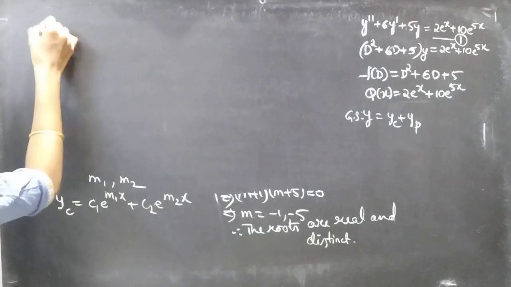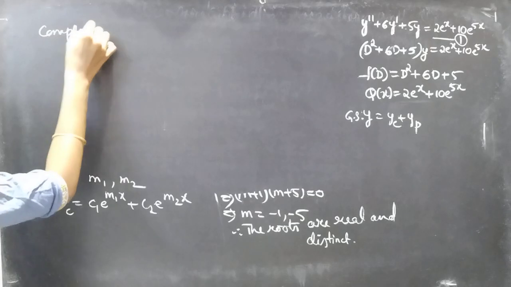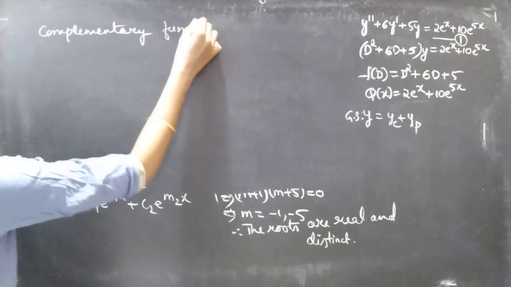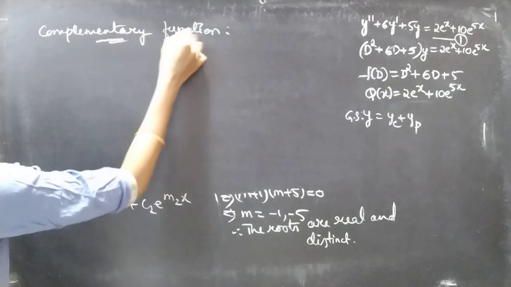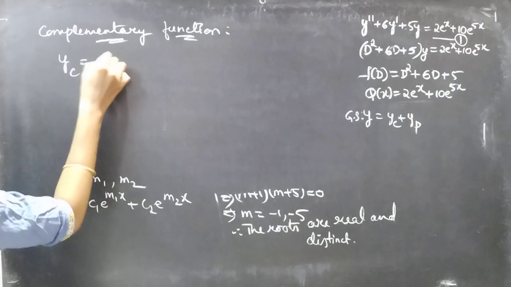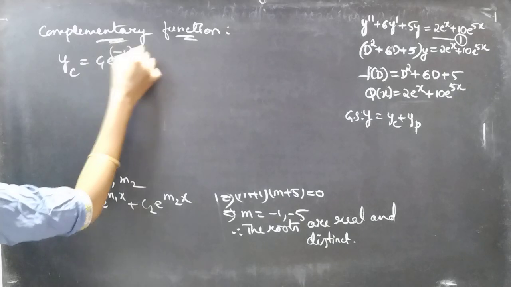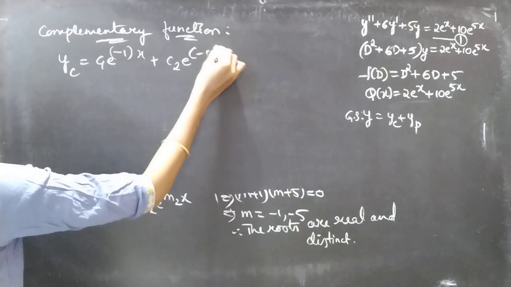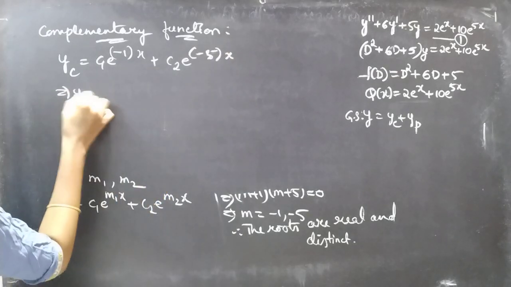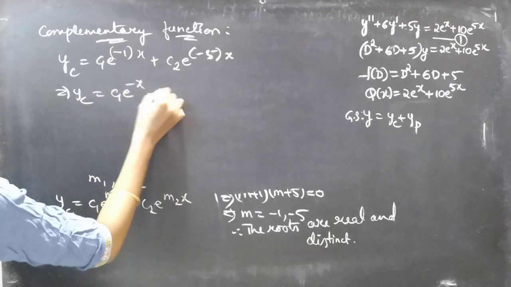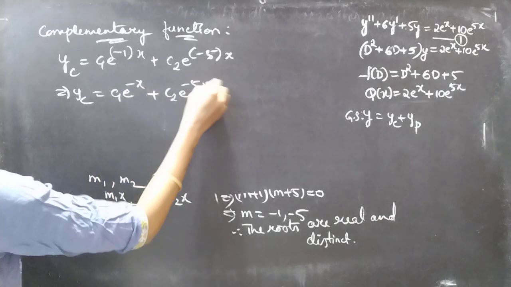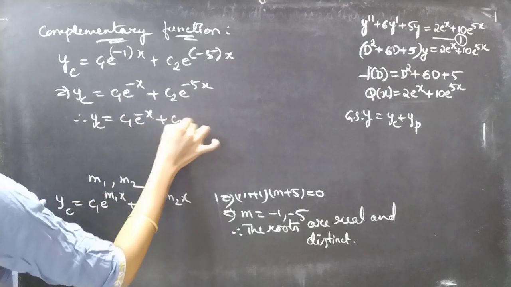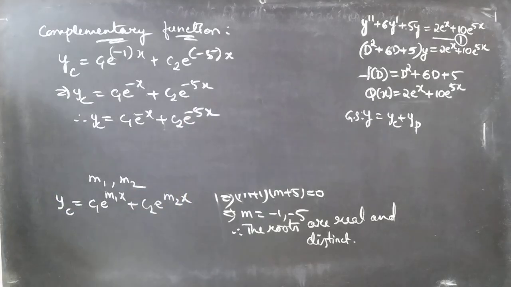Now, coming to our complementary function, we have two roots, right? c1 e power 1 root, say minus 1, into x plus c2 into e power another root, say minus 5 into x, which gives us yc equal to c1 e power minus x plus c2 e power minus 5x. Therefore, yc equal to c1 e power minus x plus c2 e power minus 5x.